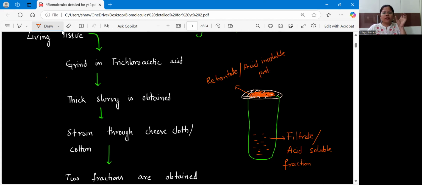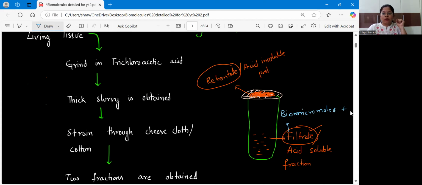Now what we have to do is analyze and study the components of these two things, filtrate as well as retentate. When you study the components of filtrate and retentate, what are the things we get? Nothing but what we have just read now. In filtrate, we see biomicromolecules.